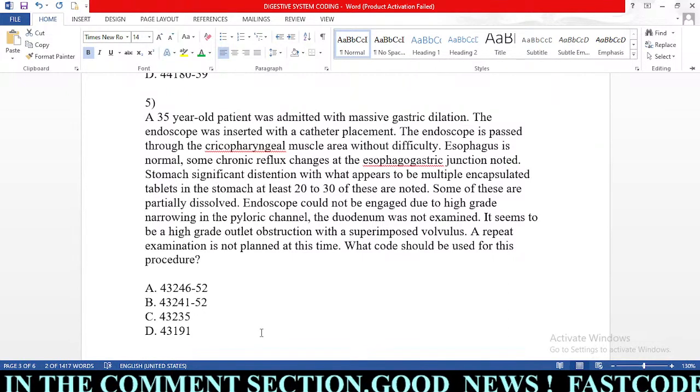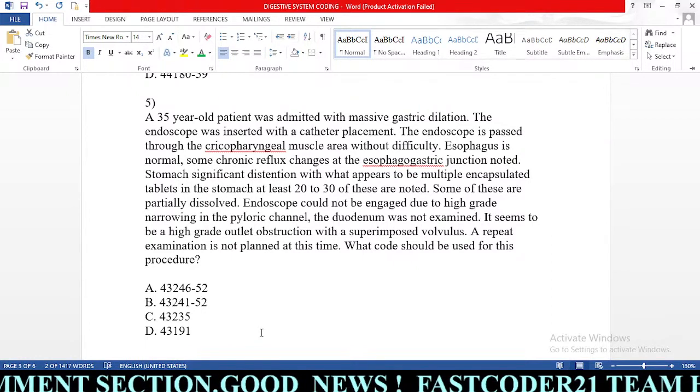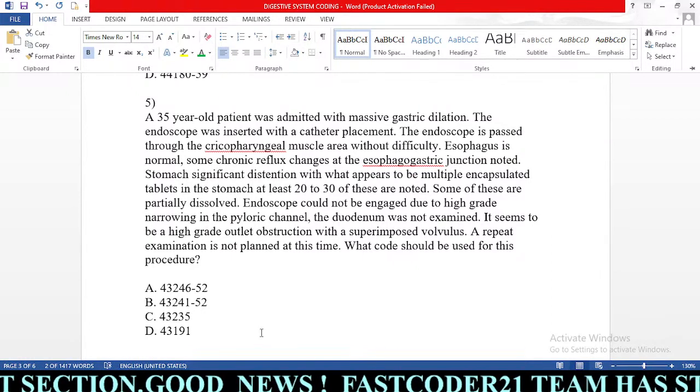So, just follow your CPT book. You see now, using our CPT book only, we are saving our time. Even our session is moving very fast.